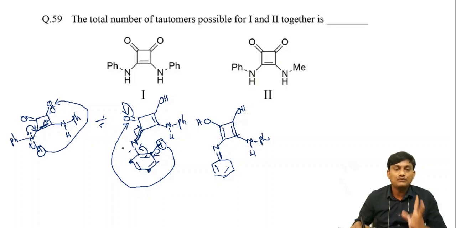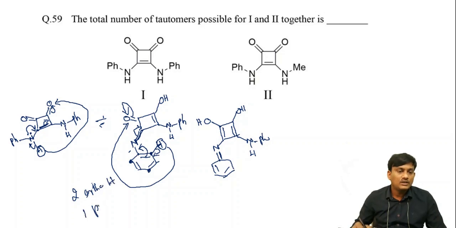So, if you take one phenyl ring, how many hydrogens will participate in tautomerism? Two ortho hydrogens and one para hydrogen. So, per one phenyl ring, there is a participation of 3 hydrogens.